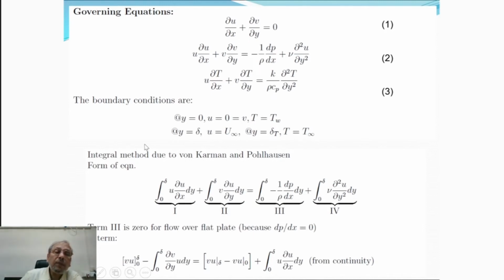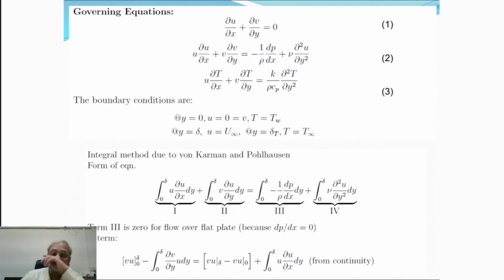Now, the integral method was basically proposed by von Karman and Pohlhausen. So this is often called the Karman-Pohlhausen method. And this is basically integrating the boundary layer equation within the thickness of the boundary layer.